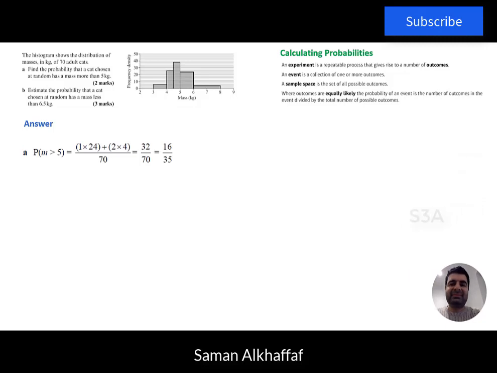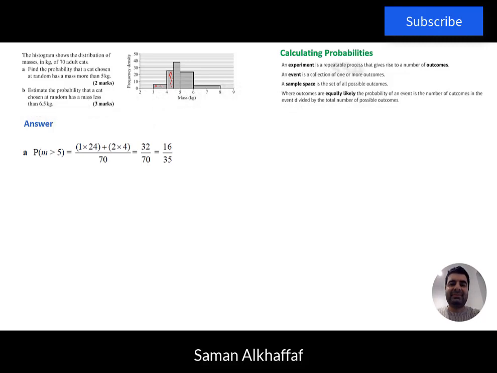So we have 1 by 24, which is this one here, plus 2 multiplied by 4, which is this range here, and all divided by 70, which is the total adult cats. So we have 32 divided by 70, and that will give us 16 over 35.